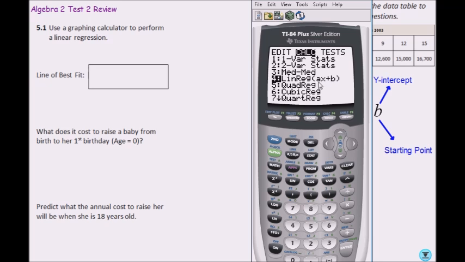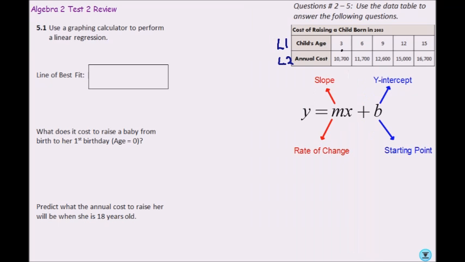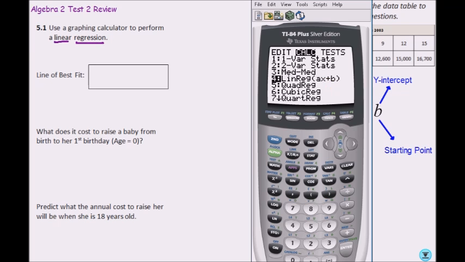Now you notice they used ax plus b. It's the same idea, right? Which is the rate of change plus where it started. The LinReg stands for linear regression. Linear because it's a straight line, and regression just refers to what we're trying to do, which is come up with the line of best fit.